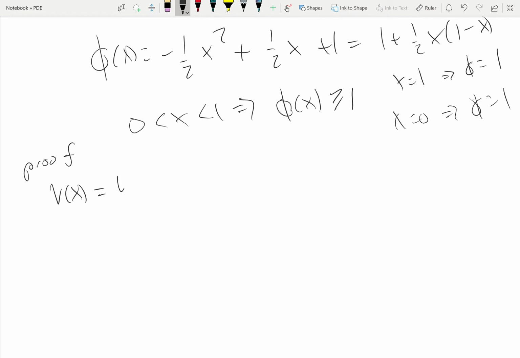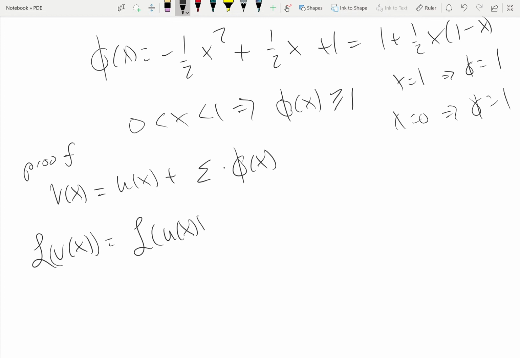v of x, which is u of x plus some epsilon neighborhood times phi of x. Alright, now, since it's linear, we get v of x is equal to L of u of x plus epsilon.